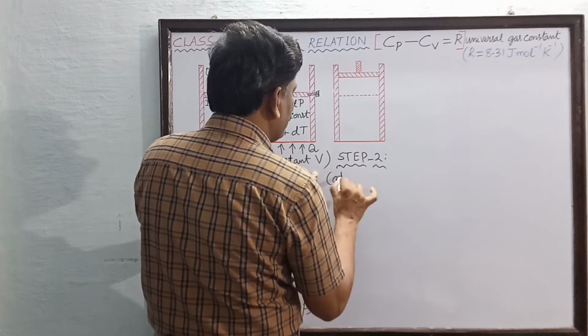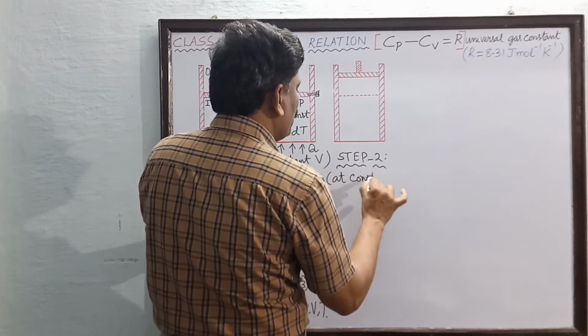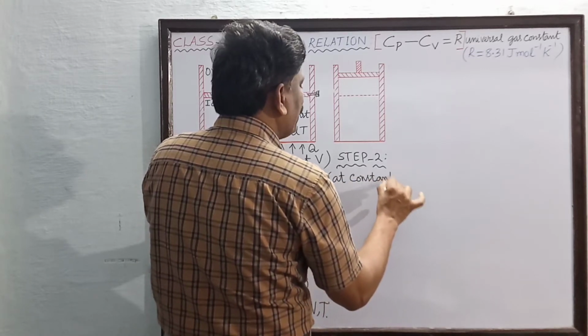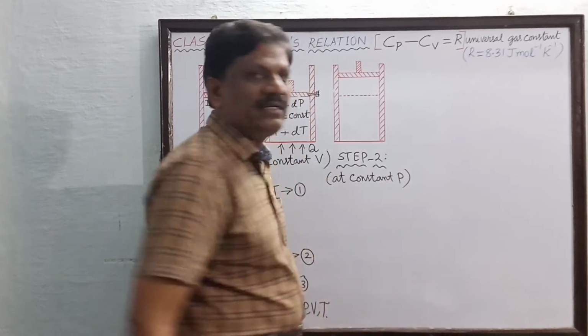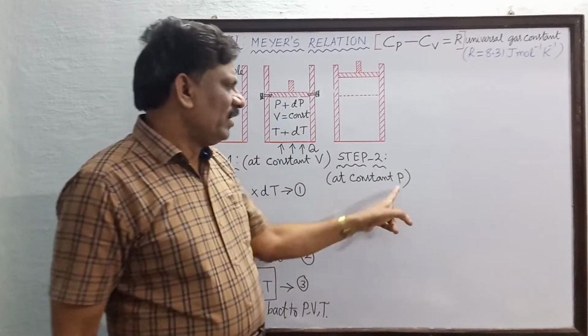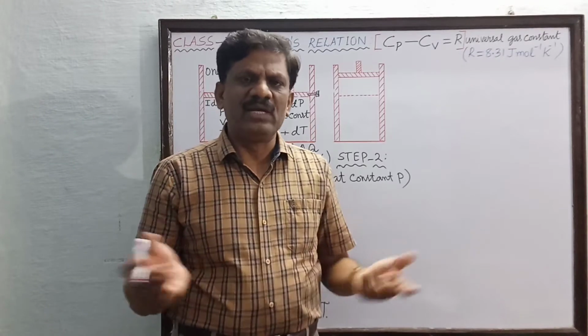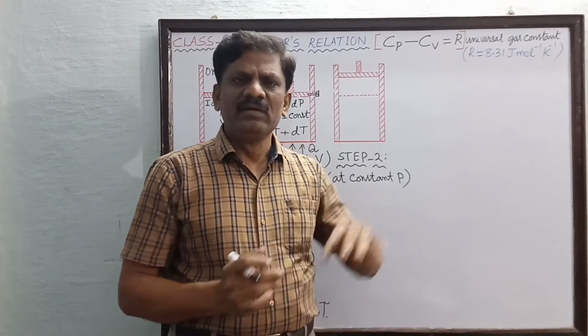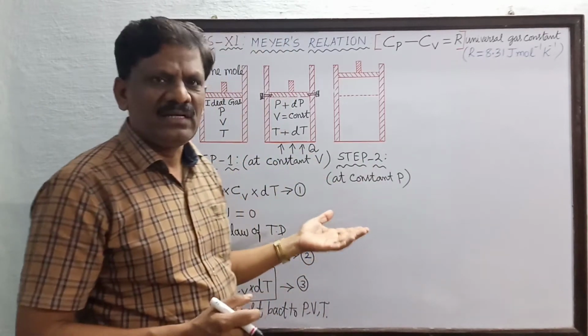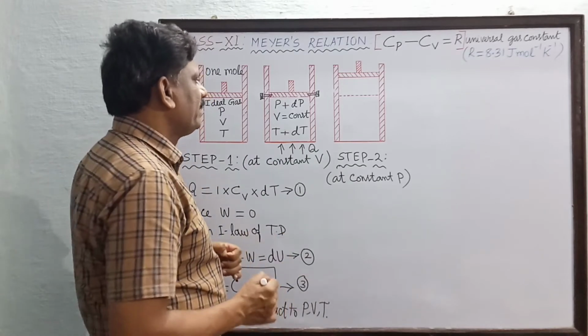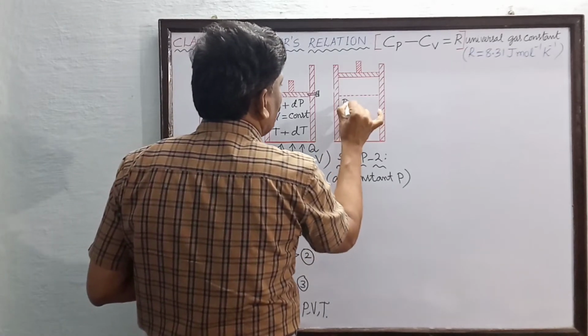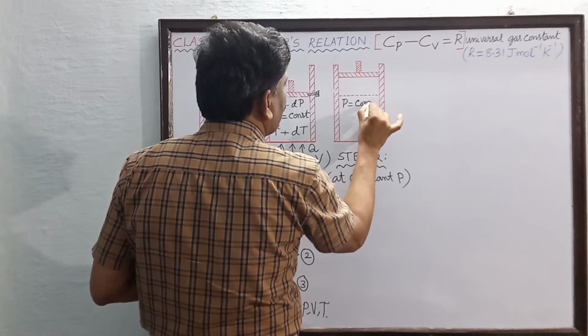So step 2 is performed by keeping the pressure constant. Now the volume is allowed to change. Only the pressure is kept constant. Let us take that the pressure P is equal to constant.